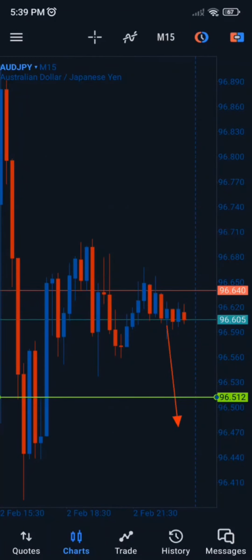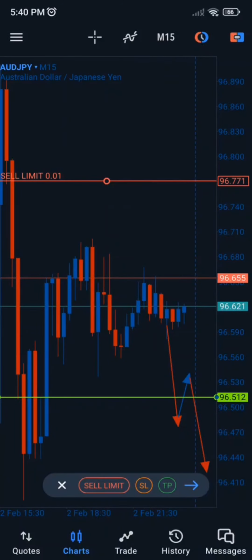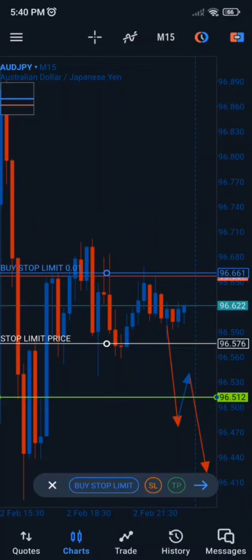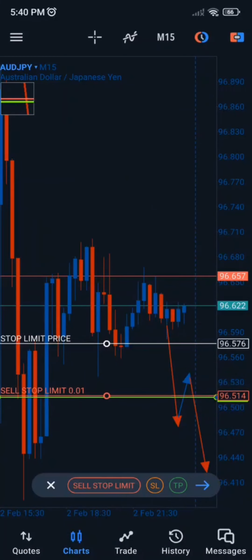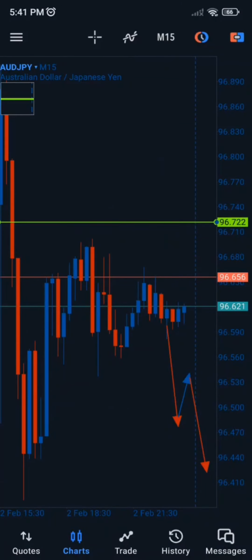The trade will be activated when price pulls back to our entry the second time, as we would have been expecting price to continue going bearish. With a buy stop limit, we are expecting price to push higher beyond our entry, and with this one, the trade will be activated when price pulls back to our entry the second time, as we would have been expecting price to continue going bullish.